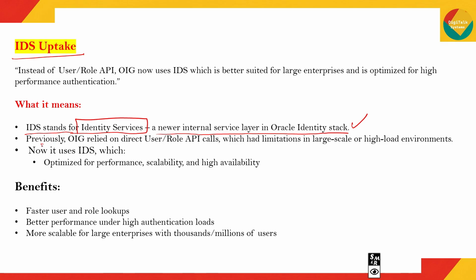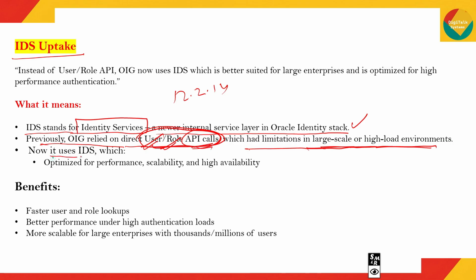So earlier, if I talk about till 12.2.1.4, your OIG relied on the direct use of user and role APIs. Whenever it was calling the users or roles, it was using the corresponding APIs, which have limitations in large scale or high load environments. If you have a very large enterprise scale environment with a high load in your system, this was a bit slow.